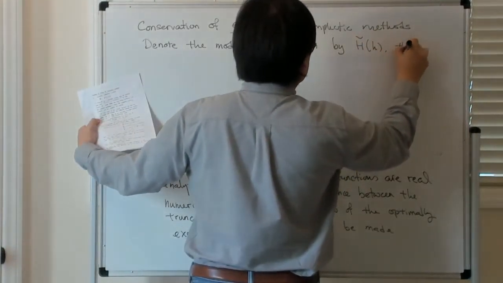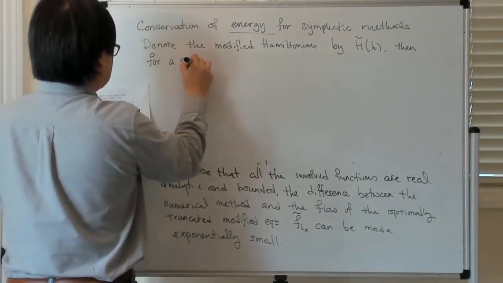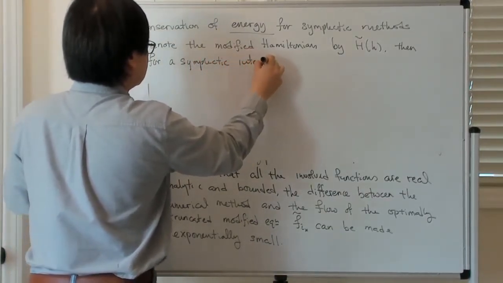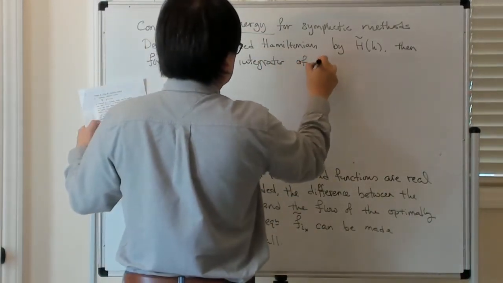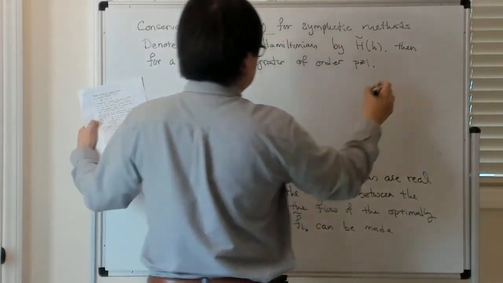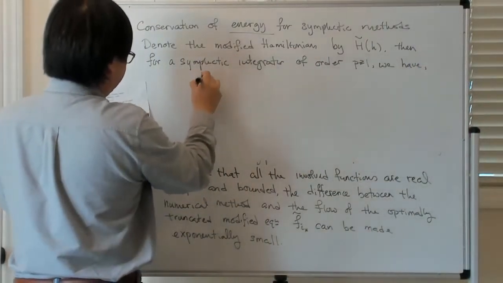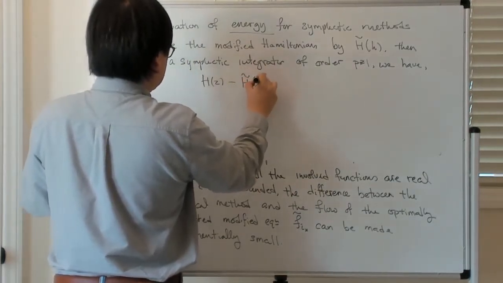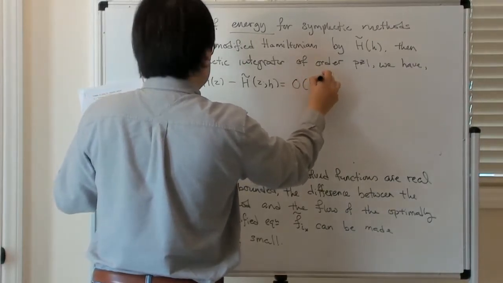Then what happens is that for a symplectic integrator of order p greater than or equal to 1, we have that the difference between the Hamiltonian and the modified Hamiltonian is big O of h to the p.